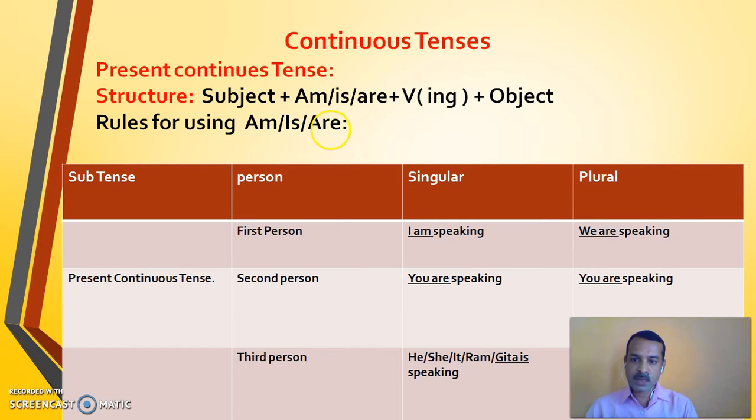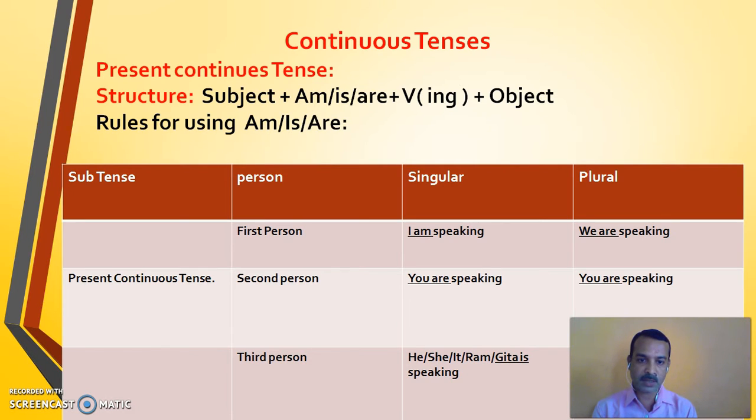In present continuous tense, if it is first person singular, we say I am speaking. If it is first person plural, we say we are speaking. If it is second person singular, you are speaking, and in the plural sense, you are speaking.